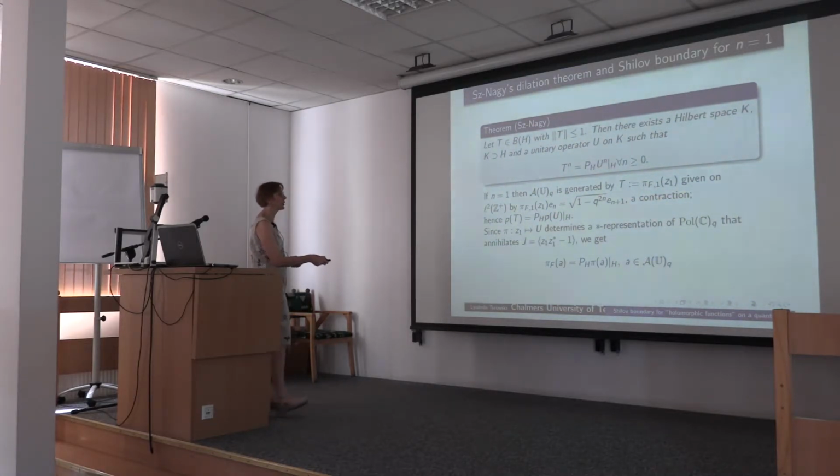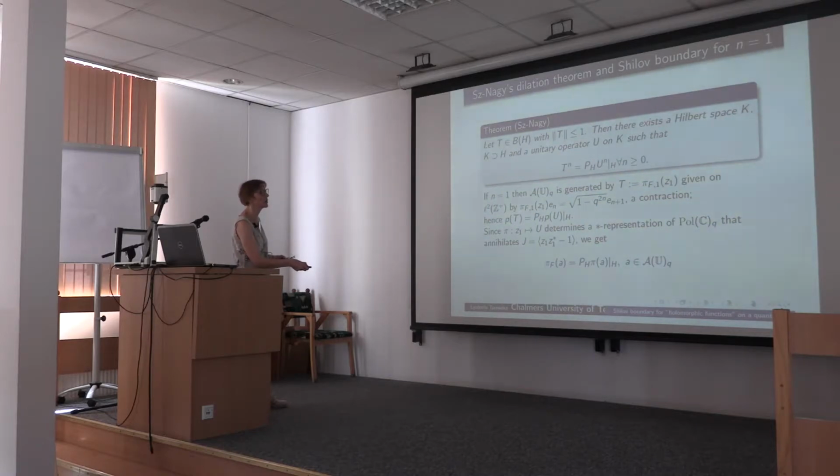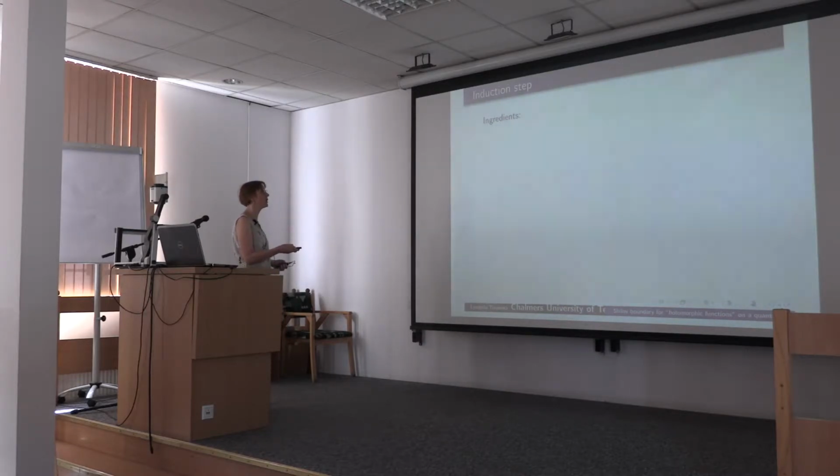And then this representation which sends z to u will be a representation of my Pol_q(M_1) or Pol_q. And it will annihilate this algebraic Shilov boundary, so I will get that my Fock representation will be the dilation of this, and this would be enough to say that it's.